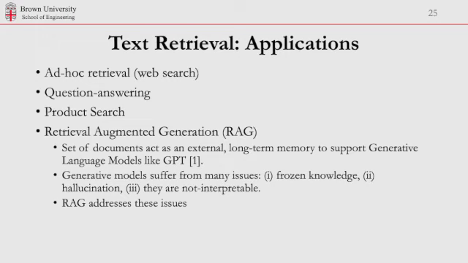So the idea of retrieval augmented generation is to give the language model access to a set of documents that acts as an internal memory. When the user enters a question, it retrieves relevant documents from that knowledge store, then answers based off that. And so it gives the user more correct information, or at least the user knows where the information is from. So that's the application of text retrieval.